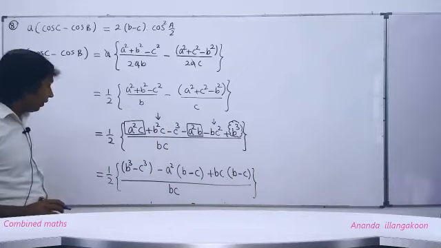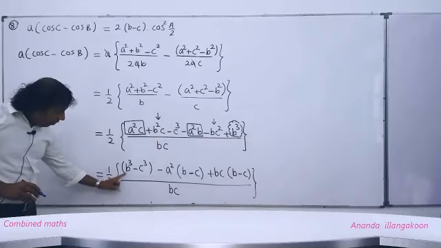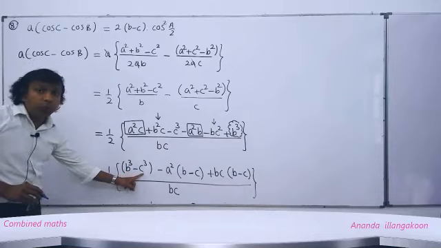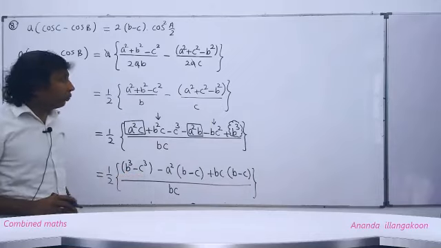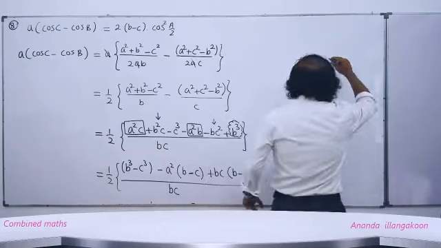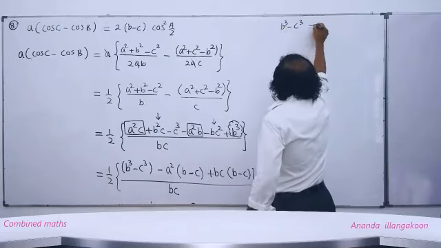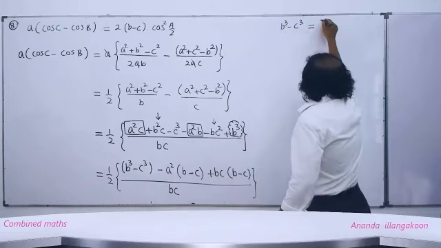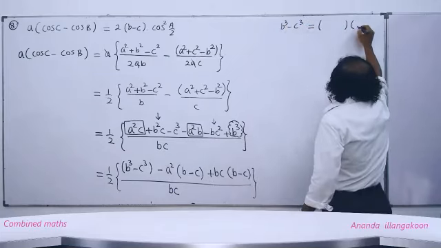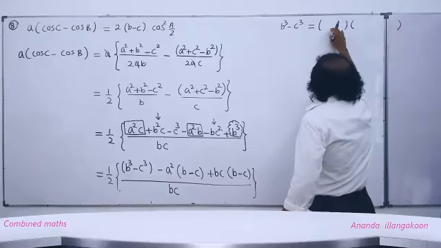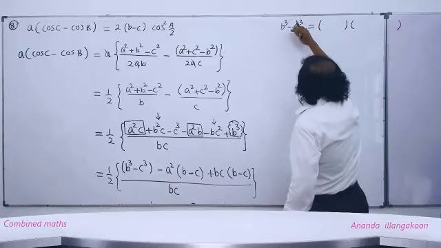Do you know what this difference of two cubes is? Can you tell me the factors of b cubed minus c cubed? There are two factors, two brackets like this. What is the first bracket? Ignore these powers, then we get b minus c.